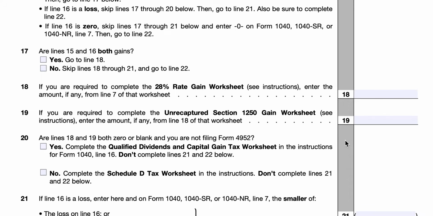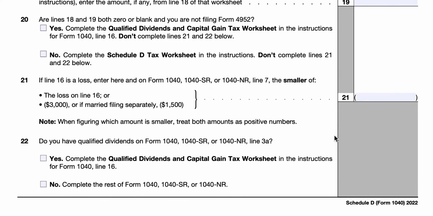If you're not filing IRS Form 4952, then you would need to complete the qualified dividends and capital gains tax worksheet. You can find those in the Form 1040 instructions. So you would not complete lines 21 or 22 below.